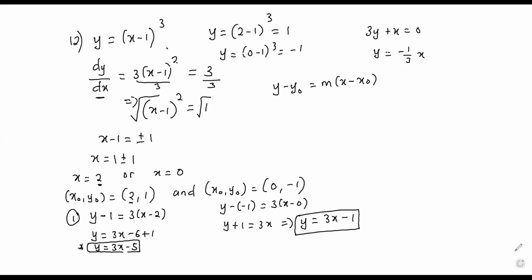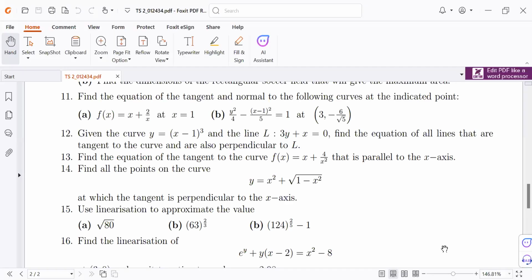That was 12, so we go to 13. What's question 13? Question 13 is, find the equation of the tangent to the curve, so here is the curve, that is parallel to the x-axis.